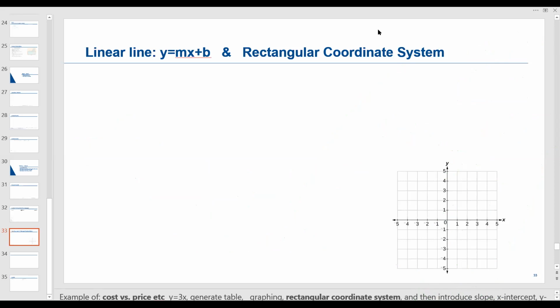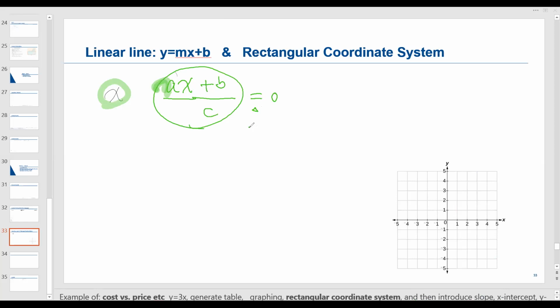Before I talk about this new topic, the linear line, we have only talked about one variable, x. We talked about ax plus b, maybe divided by c, and how to build their equations and inequalities.